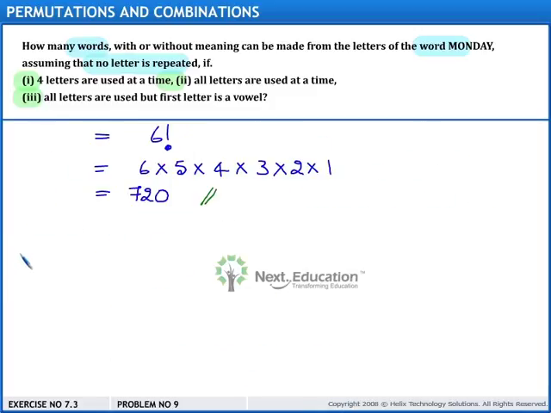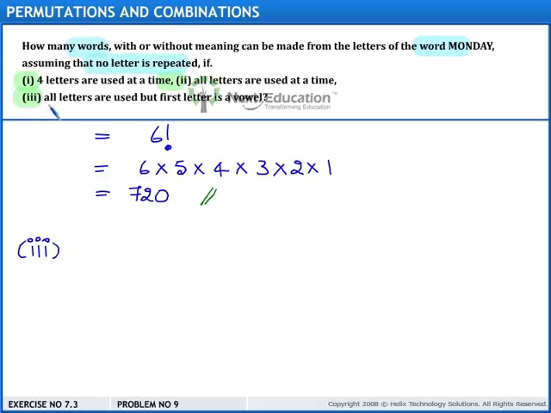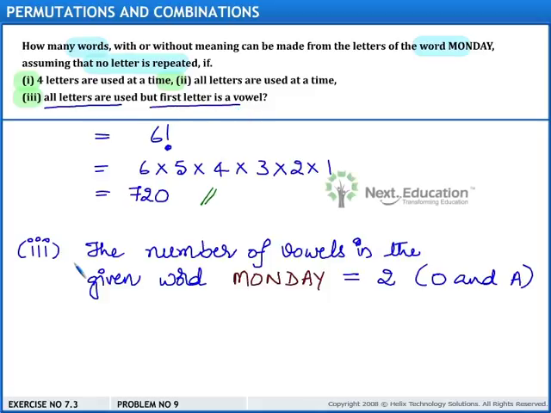Now let us move on to the next part of the problem. In this question, it is given that all the letters are used, but the first letter is a vowel. That means the number of vowels in the given word Monday is equal to 2.